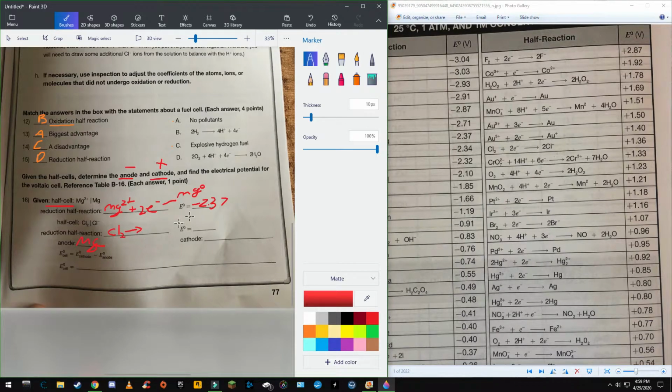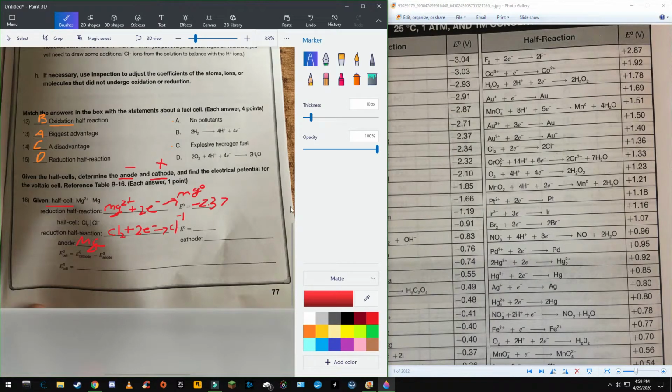Oh, I forgot the plus first. I'm so sorry. Cl2 plus 2 electrons, right? 2 electrons creates Cl with a negative 1.